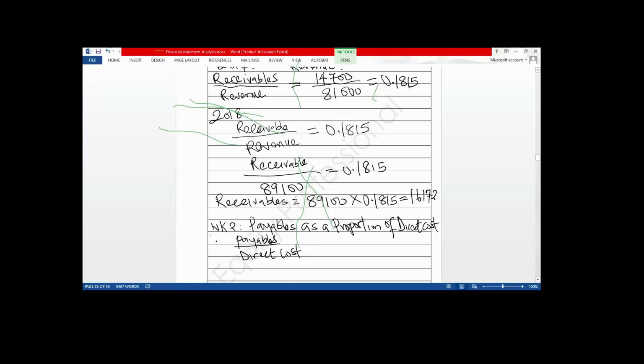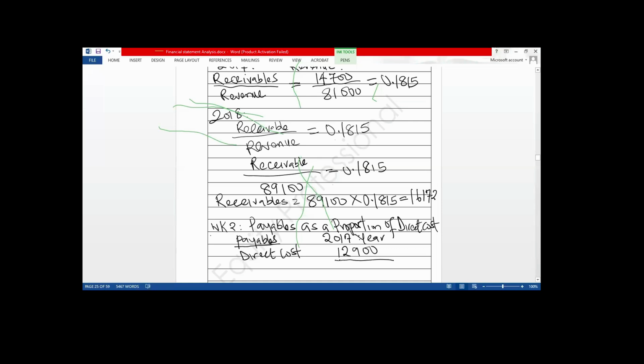So compute for 2017. For 2017, payable figure, 12,900.